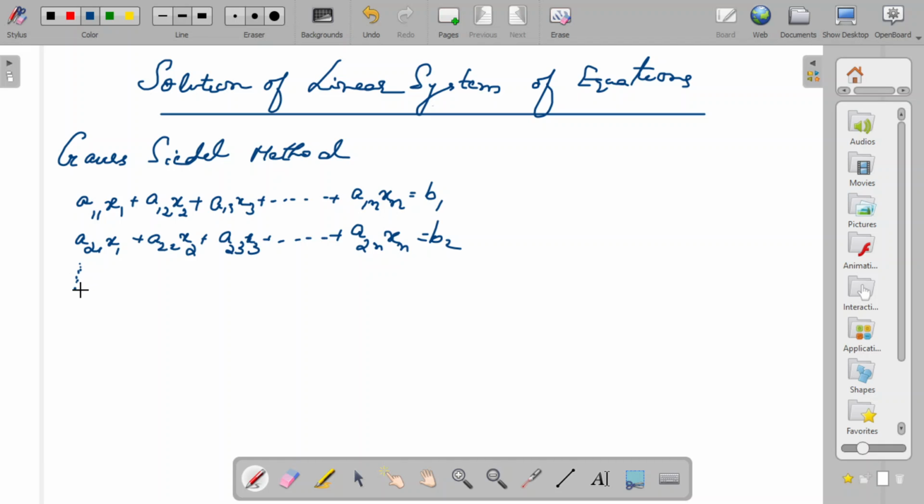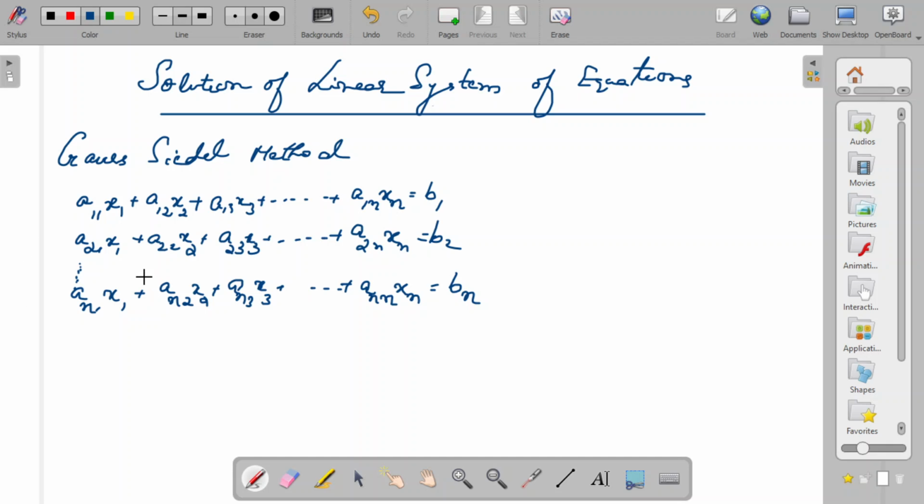The last equation will be an1 x1 plus an2 x2 plus an3 x3 plus ... plus ann xn equal to bn. So these are the system of equations we have.